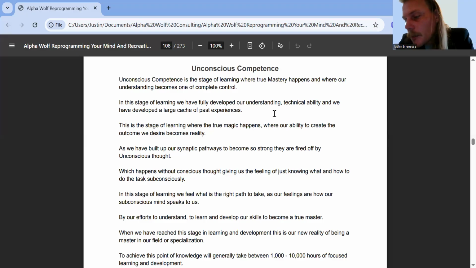So if we think about it like this, when we're thinking about the different stages of learning: unconscious incompetency, I don't have any clue about what's going on. Conscious incompetency, I have a bit of an understanding, but I don't really understand. Conscious competency, I know what's happening, but it takes a lot of focus. I can't focus on multiple things at once.